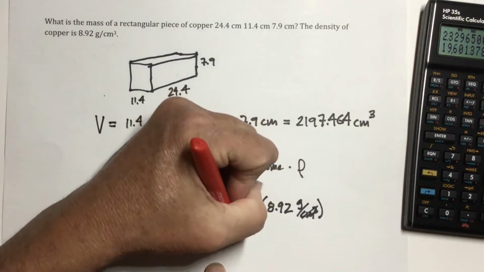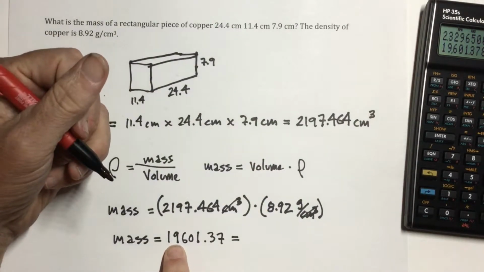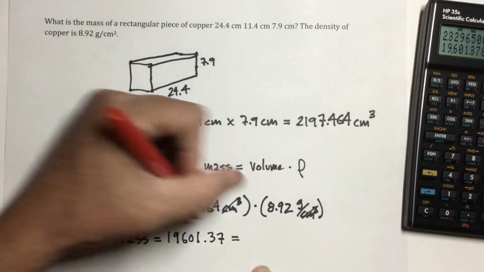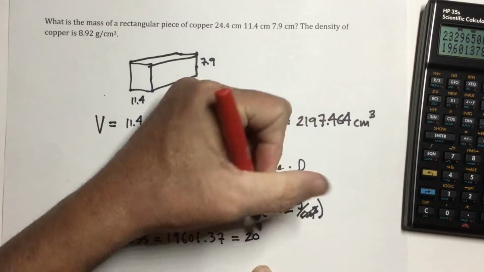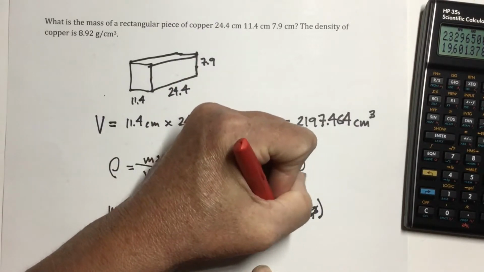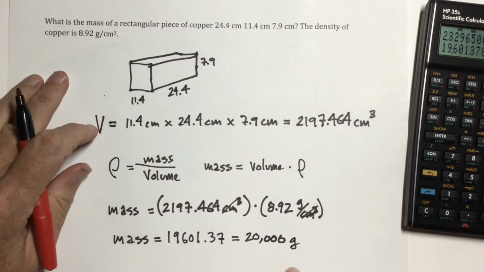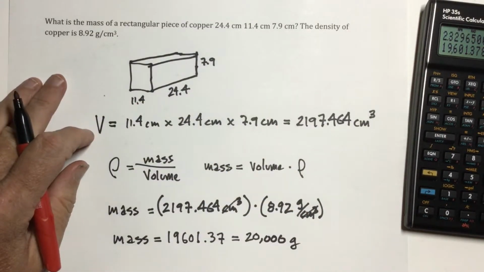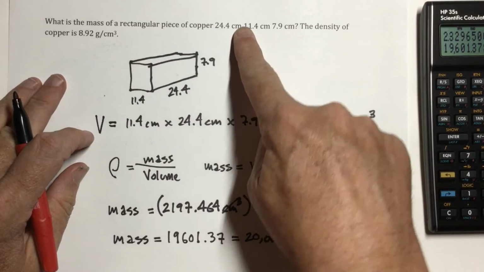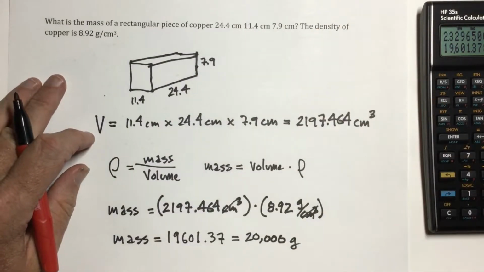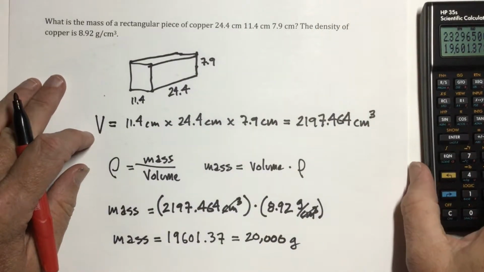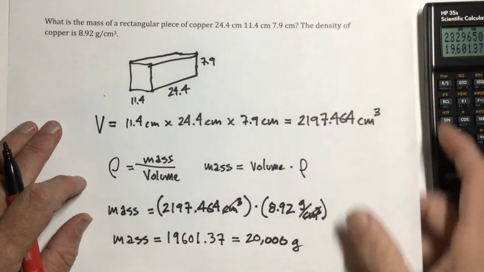So the final answer to this will be 19, but the 6 will make that 20,000, and my units are grams. And there we go. The mass of that rectangular piece of copper would be 20,000 grams. All right, very good.